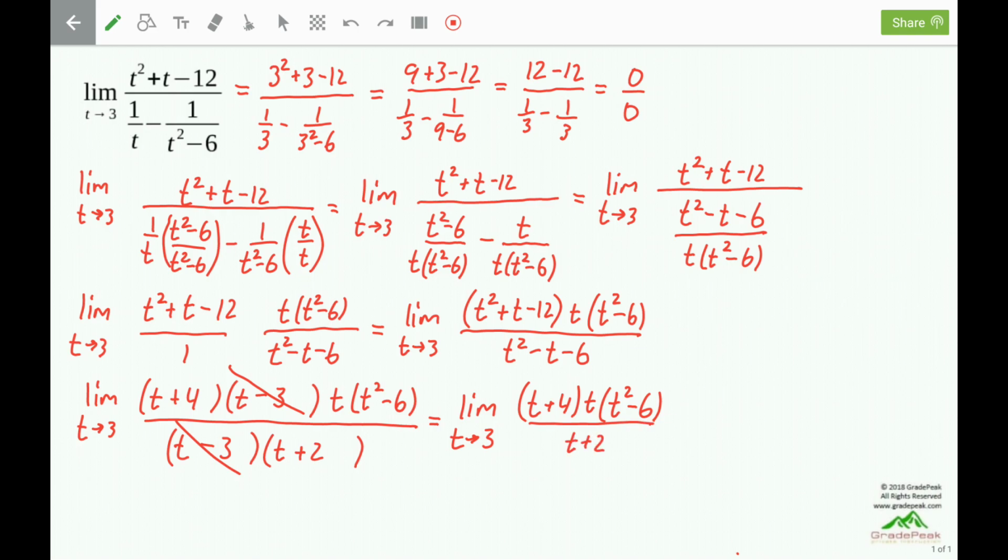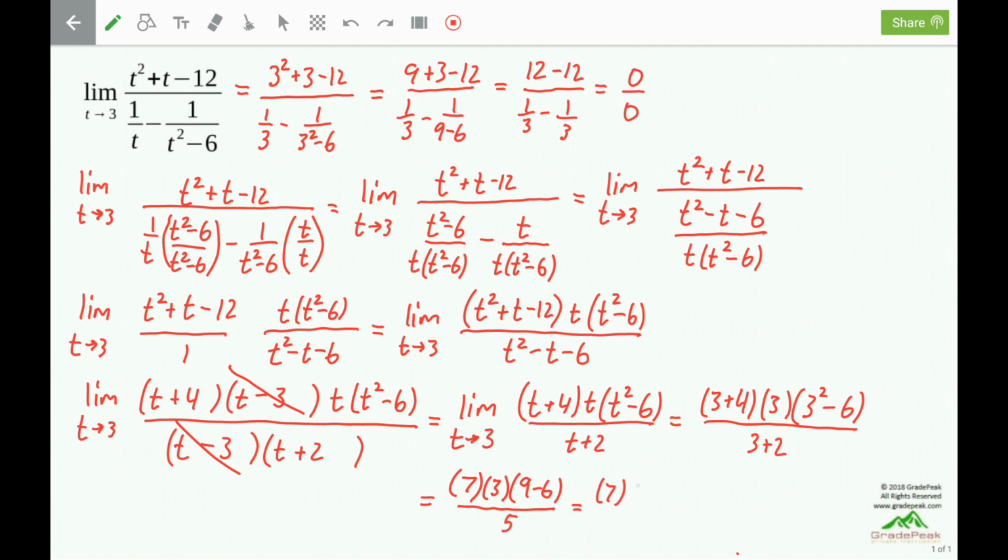And so now we will do that, and that's going to give us 3 plus 4 times a 3 times a 3 squared minus a 6, and then divided by a 3 plus 2. In the numerator, 3 plus 4 is a 7 times a 3, and then 3 squared is a 9 minus a 6. In the denominator, 3 plus 2 is a 5.